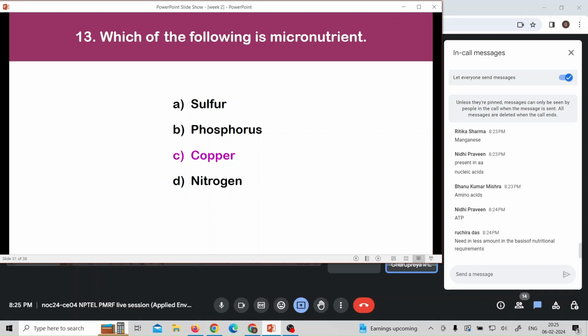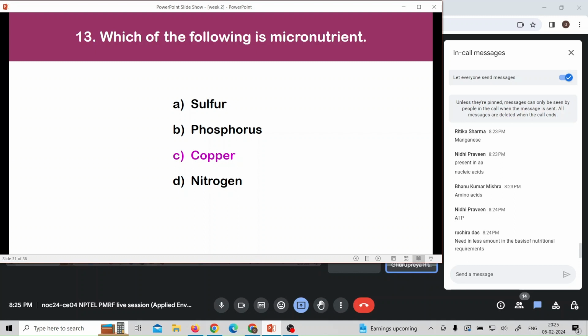I'll give you a few more minutes to think because when you think, you can have much more diversified dimensions of what you're learning, okay? Any important place where either sulfur is abundant or phosphorus is abundant, or not abundant, but very importantly required in that place.